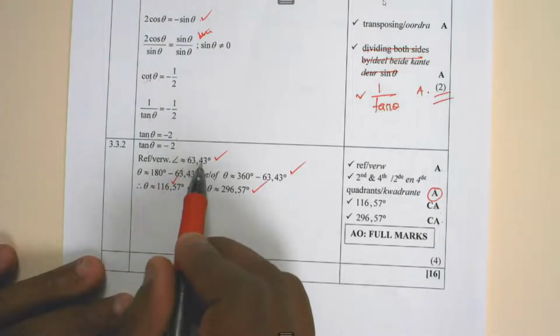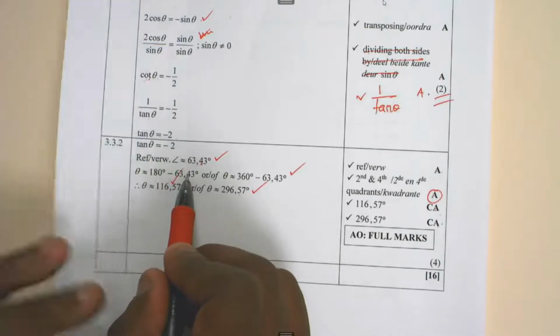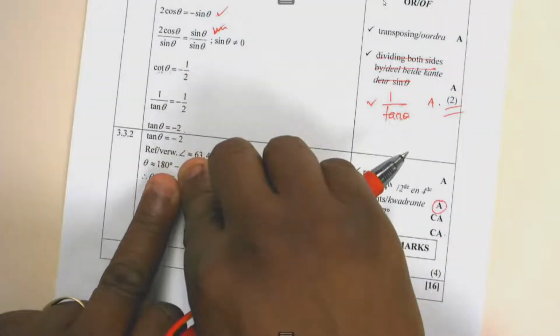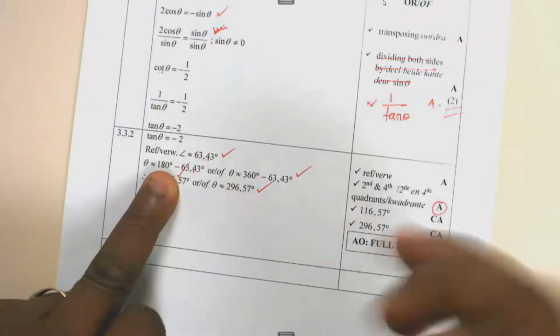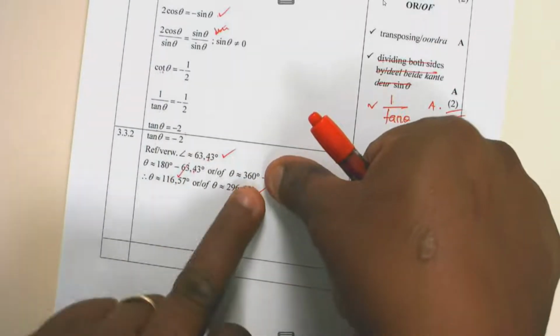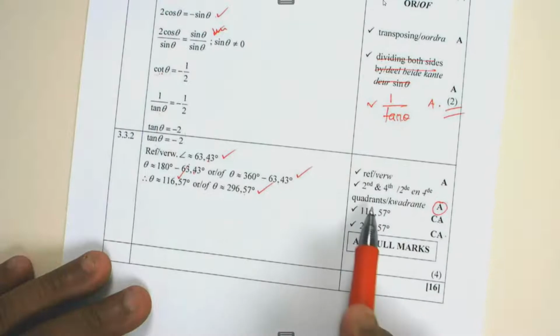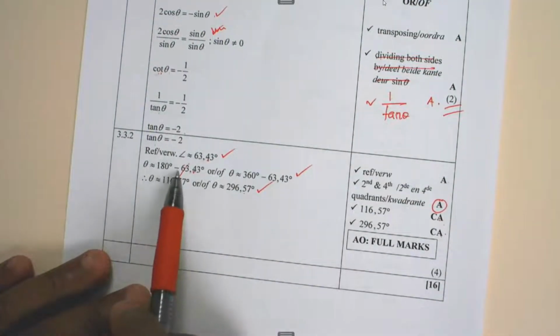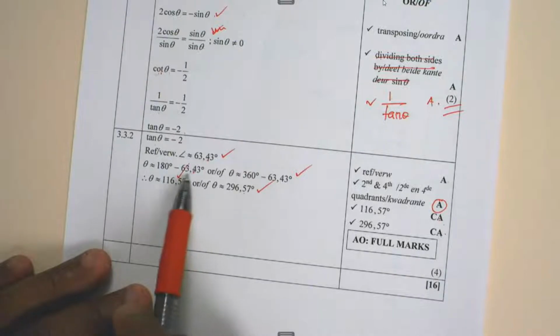Angle is incorrect, it's okay. But that angle that is incorrect is used in the correct quadrant. That is 180 minus, is used in the correct quadrant, 360 minus. That simply means for this mark, you concentrate on 180 minus, irrespective whether the angle is wrong.